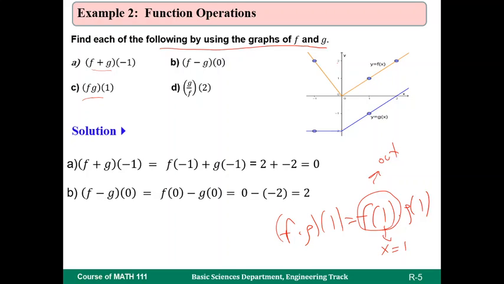And we are looking for the y value here on the graph of f. You find x equal to 1 and look at the graph of the function f. We'll find the corresponding value. This is f of 1, so we will say it's 1. Now do the same thing for g. Got -1. So when you multiply them, you get 1 times -1.